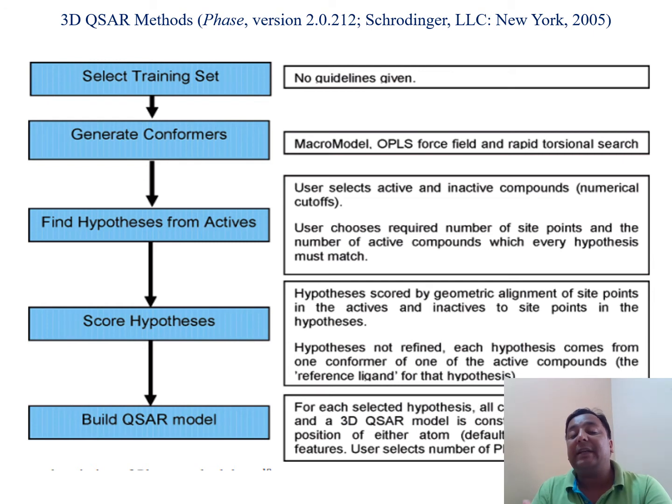Once we generate the conformers, there will be a huge number of them, and those conformers will be divided into actives and inactives, right?